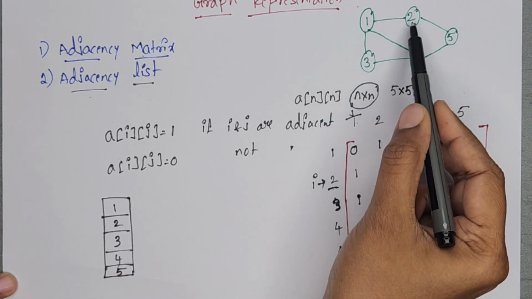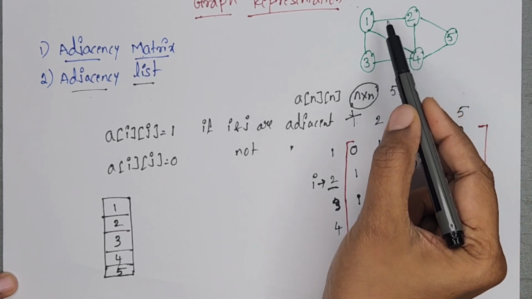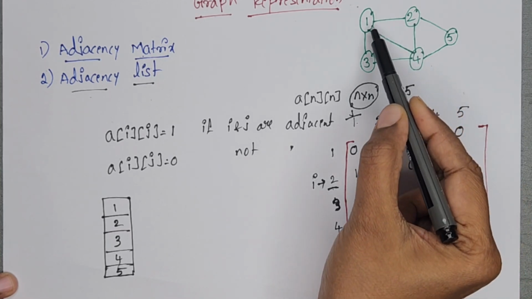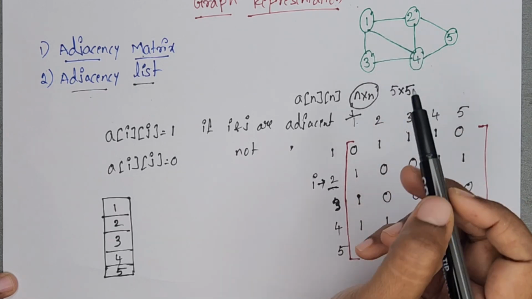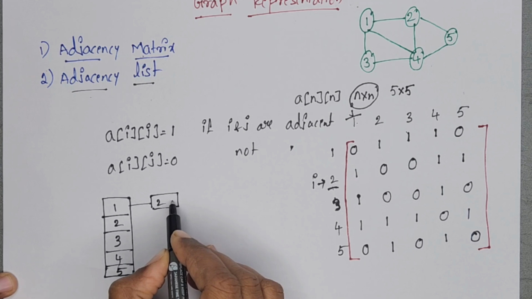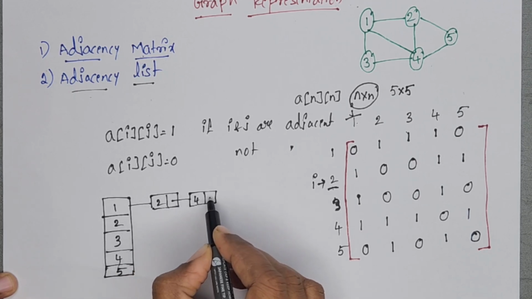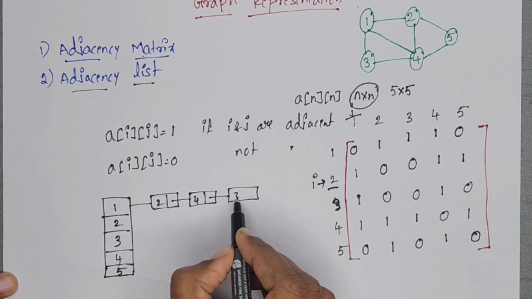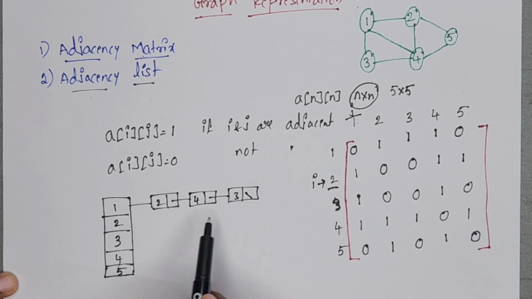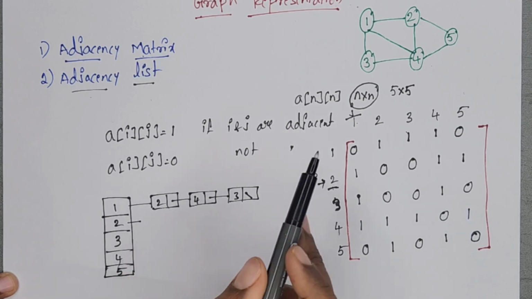For 1, how many adjacent vertices are there? 2 is adjacent to 1, 4 is adjacent to 1, 3 is also adjacent to 1. Like this, for every vertex, we have to create one linked list.